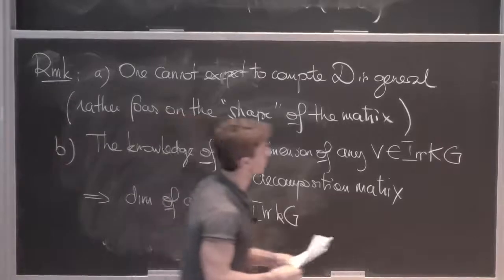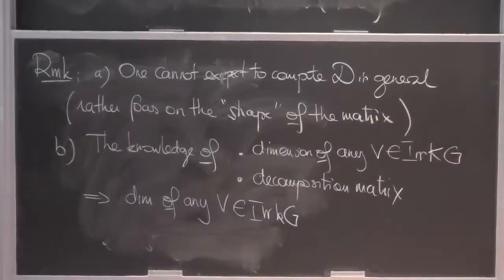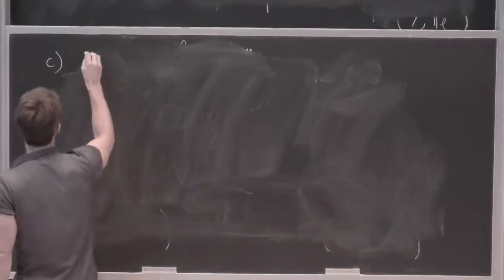And the last remark that I want to make is that I said I will not be interested in any homological invariant of the category itself, but still, let me say something about that.